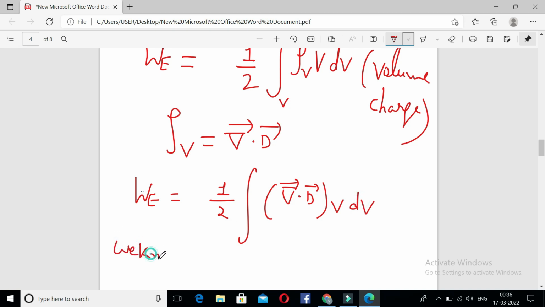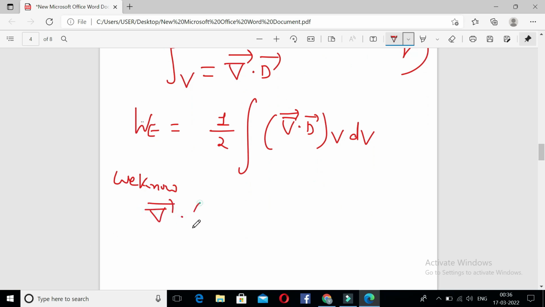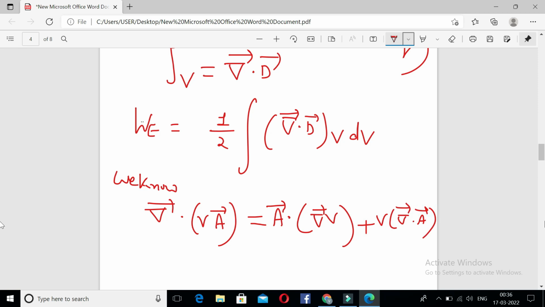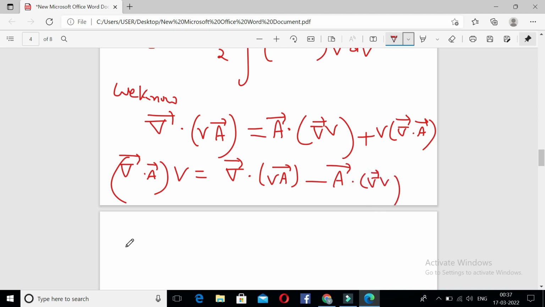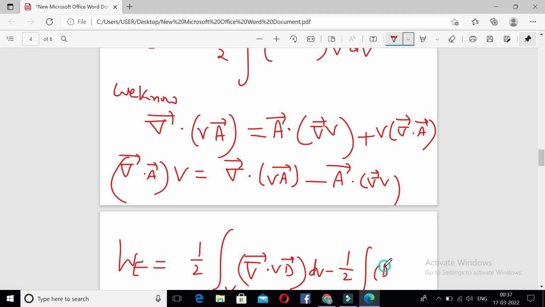We know the vector identity del dot (VA), where V is a scalar and A is a vector, is equal to A dot del V plus V del dot A. Using this equation, we can write V del dot A equal to del dot (VA) minus A dot del V. Now W is equal to 1 by 2 integral of del dot (VD) dV minus 1 by 2 integral of D dot del V dV.